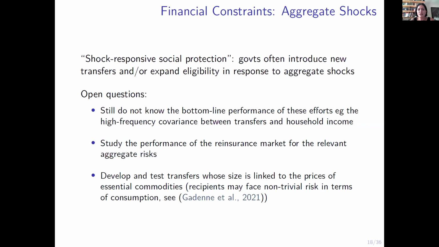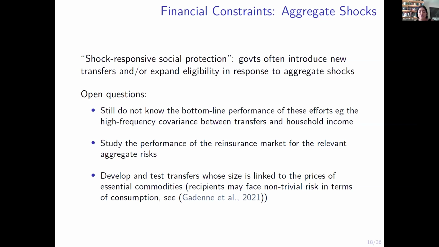We also haven't really studied the performance of reinsurance markets for these aggregate risks, right? There is a possibility to insure these aggregate risks, and have we thought carefully about that? Probably less than we would like. And then, we haven't spent enough time thinking about developing and testing transfers where the size is linked to the prices of essential commodities.